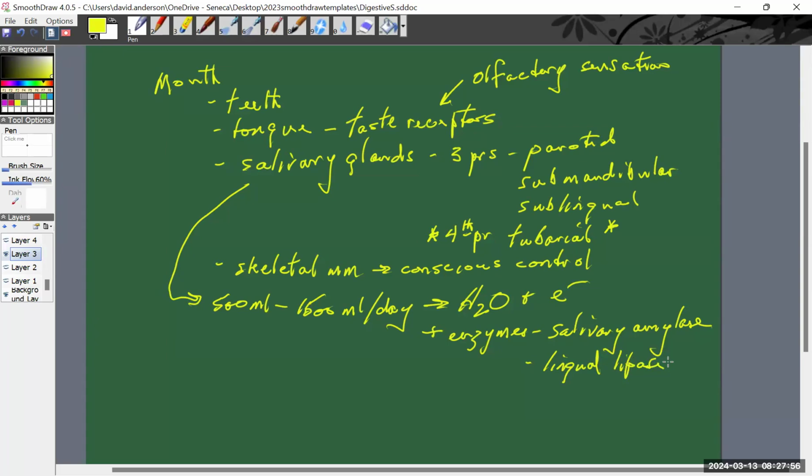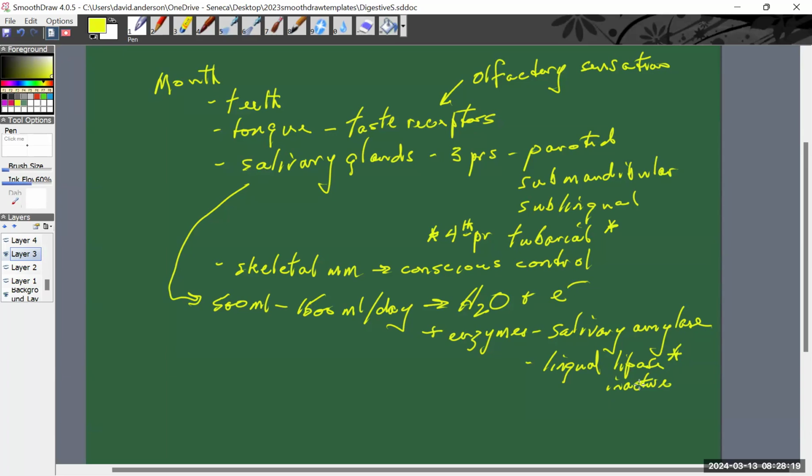Now, if it's called lipase, what food group do you think it's going to act on? Lipids. Yeah, lipids. It's not a big leap to figure that one out. But the thing about the lingual lipase is it's inactive at the mouth. So this becomes kind of a key thing to keep in mind.